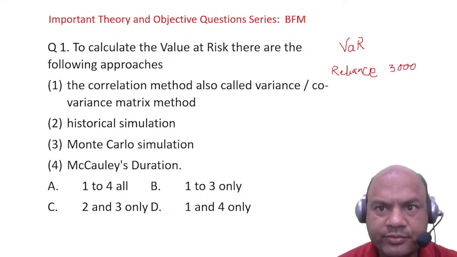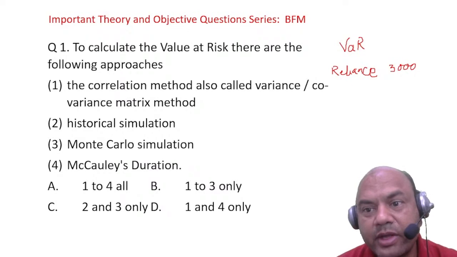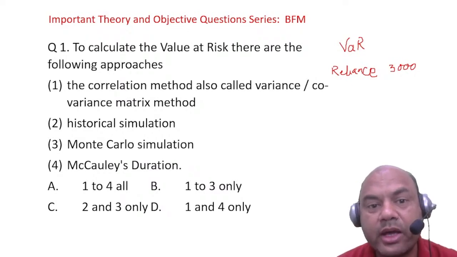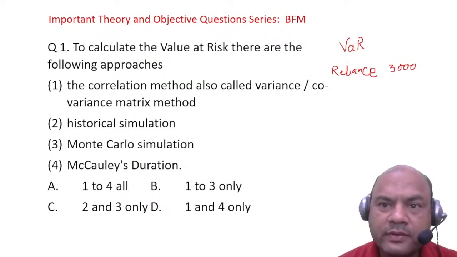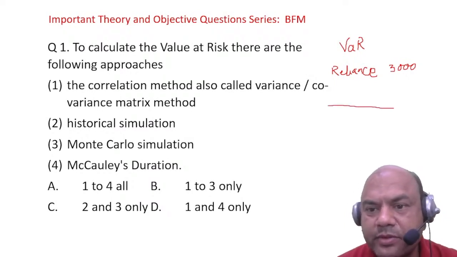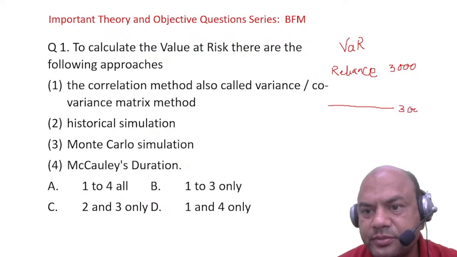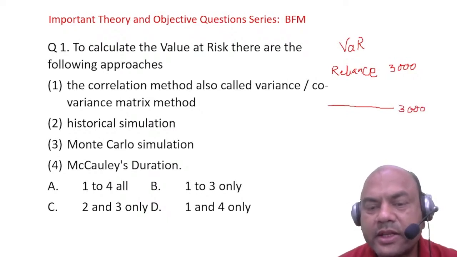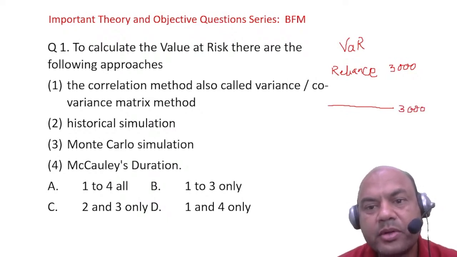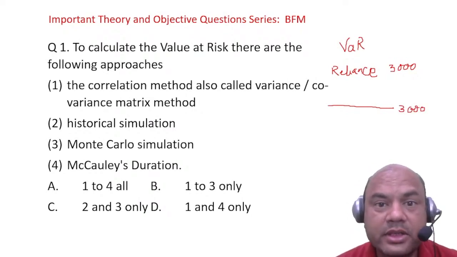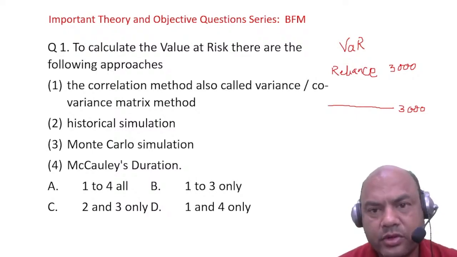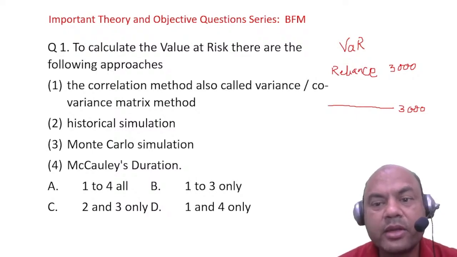Now what is my VAR? Value at risk means what is my amount at risk? Is my amount at risk the complete 3000? No. Suppose this is the price of Reliance, 3000, and this Reliance share is fluctuating per day, per week, depending on my tenure or period. Suppose in a month, Reliance is fluctuating 5%.